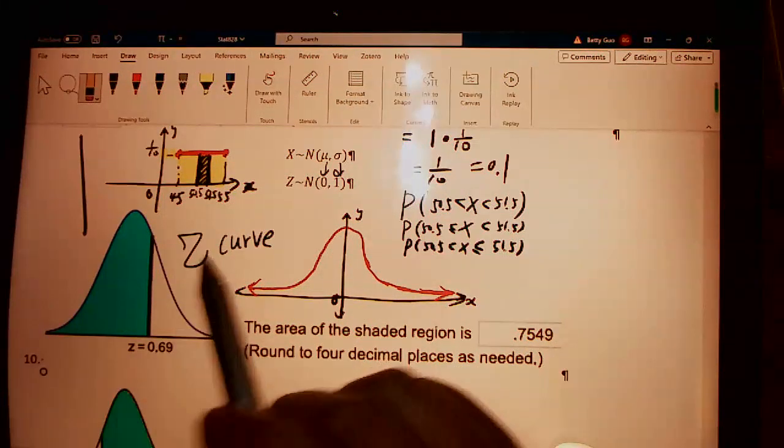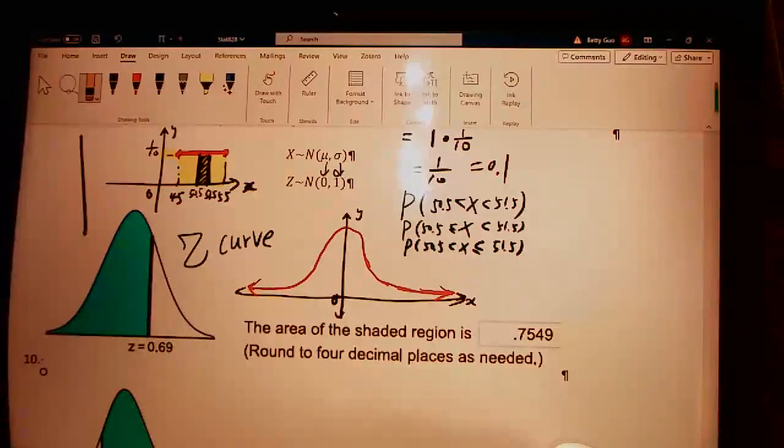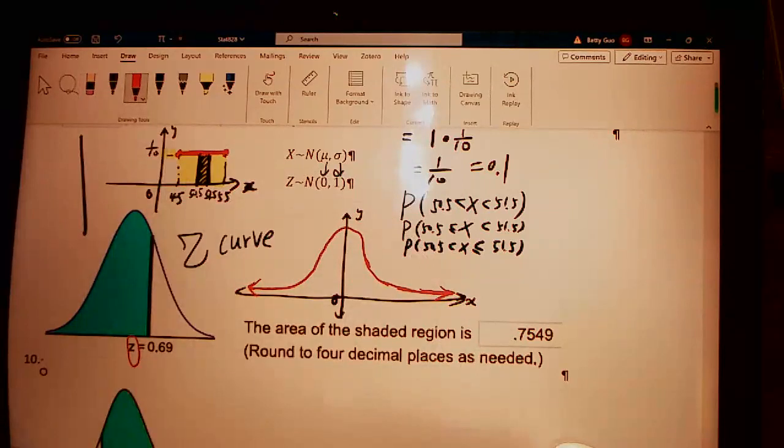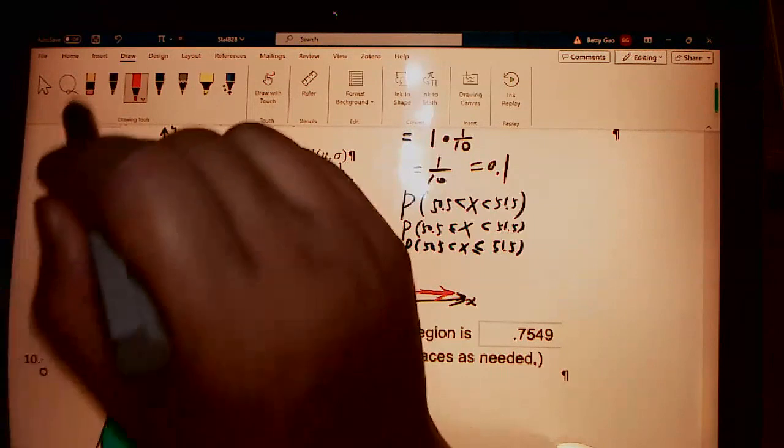Knowing that the capital letter Z represents the standard normally distributed random variable, the lowercase z represents the value that the capital Z assumes.